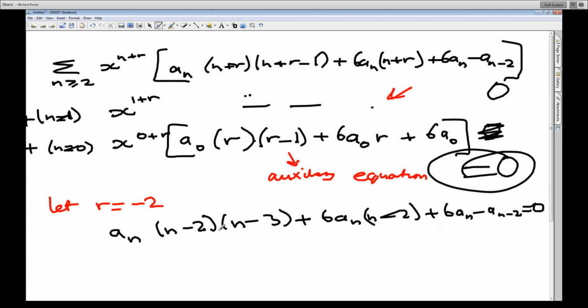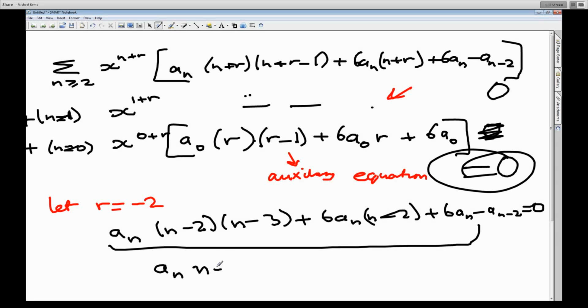This allows me to work out, if I know what A to the N minus 2 was, what the next term up is. So it tells you what some terms are in terms of earlier ones. You can simplify this down a bit. If you put all those together, you're getting A to the N outside of N plus 1 times N, and then you've got to chuck the A to the N minus 2 on the other side.